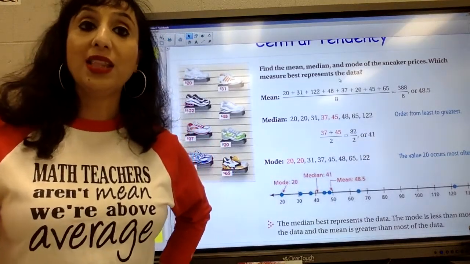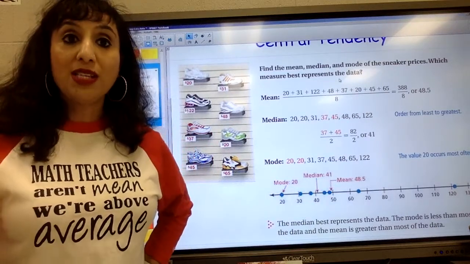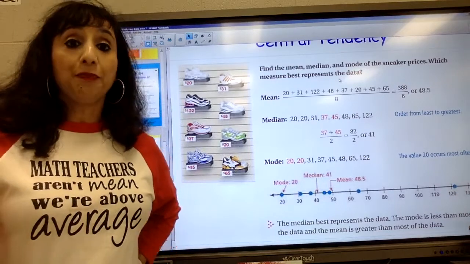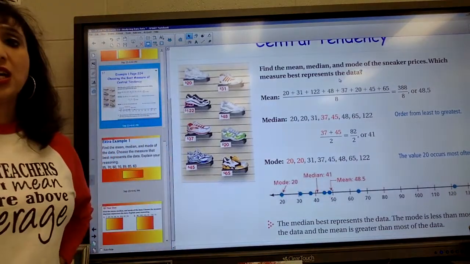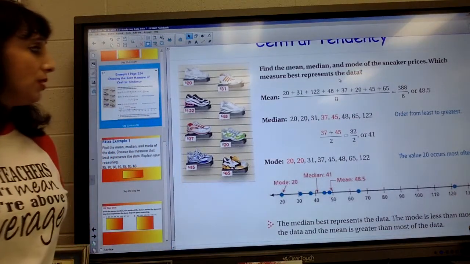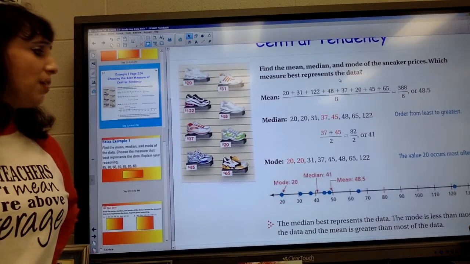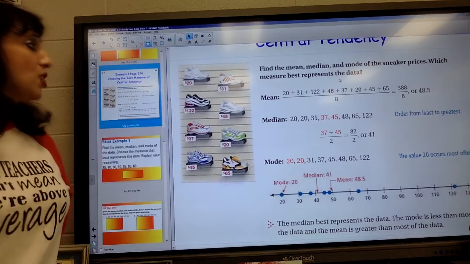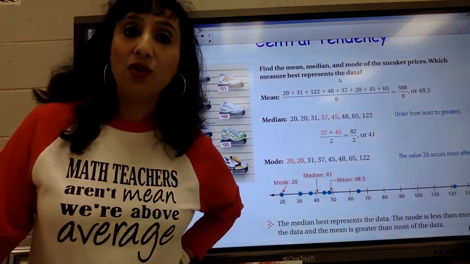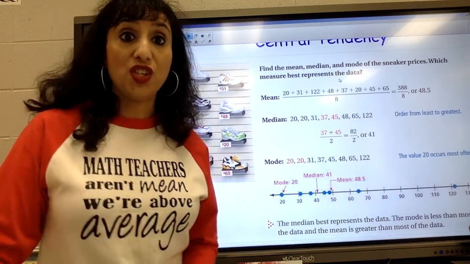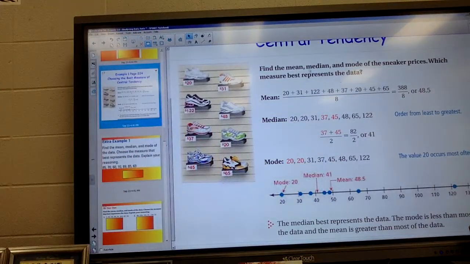The outlier is raising the mean. So it makes it look much higher, that the cost of the shoes is much higher than what it is. The outlier does not affect the median. And mode is based on popularity, but look, it's at the lower end. So because there is an outlier, median would be the best choice for this answer. Okay.